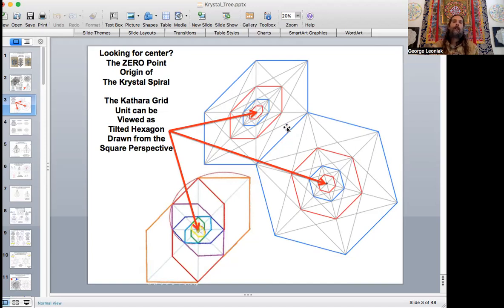So the origin of the Krystal Spiral, as I've been saying, is at the center of an octahedron or a cubeoctahedron or at a cube in structural geometry. And this particular view that's being shared can be viewed as a tilted hexagon that's drawn in a square view perspective. Now I'm going to show you some geometry of how that shape can be considered that.